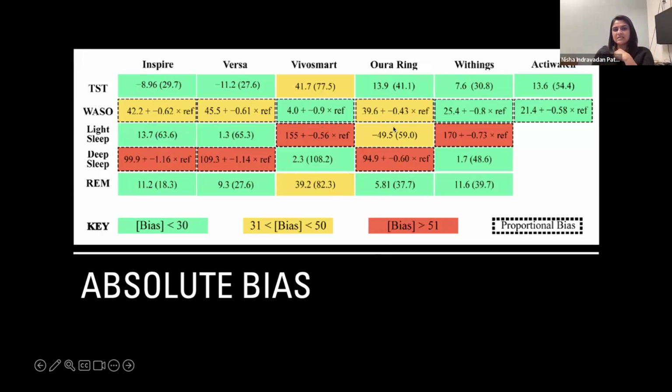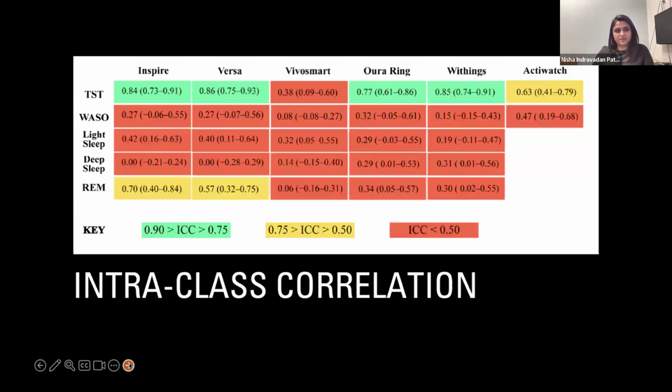And just going across it, it seems like none of these devices, maybe Withings here, who has a little bit more green boxes, were good at depicting all of the different stages. Some were able to do a good job for total sleep time, for example. Almost all of them but one, the Vivio Smart, were able to have good bias. So that's something to keep in mind.